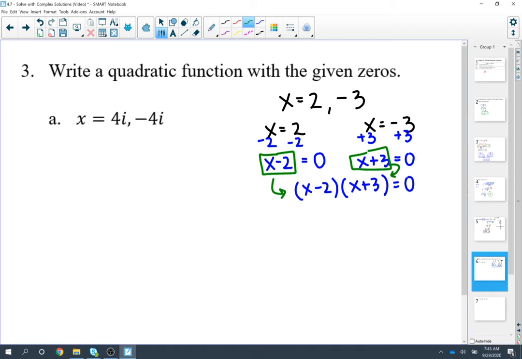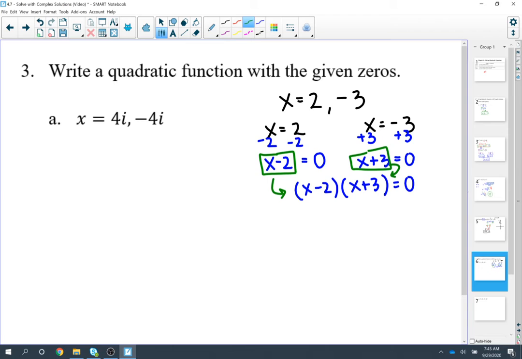Now, keep in mind, if I have x equals 2, that really looks like x minus 2, because you're going to take that step in there to set it equal to 0 and solve. Same thing with x equals negative 3. Well, that's x plus 3. The negative turns positive because you're going to take that extra step in there and set it equal to 0 and solve.